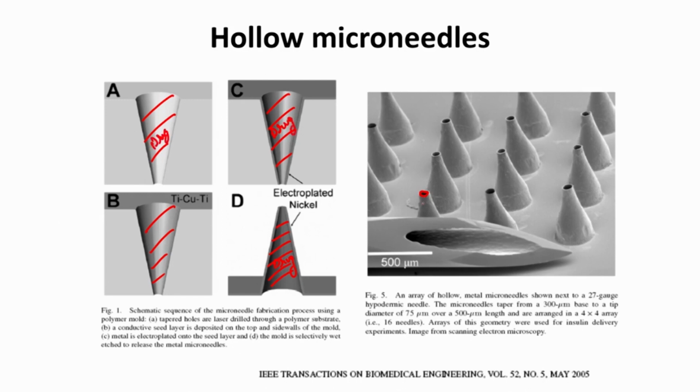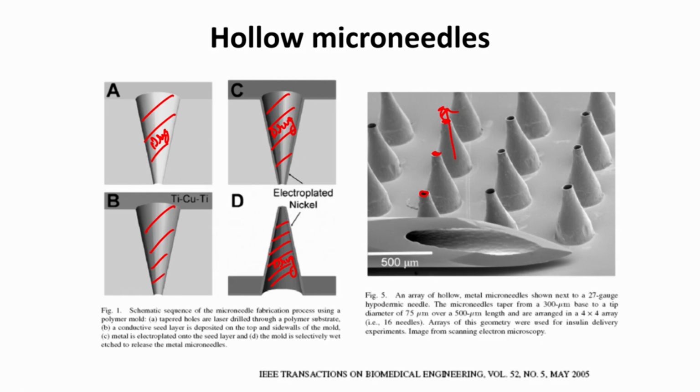And because of these holes, you can even cap these holes with some, let us say, water soluble polymer. So once it comes in contact with the body, this is going to get dissolved away, and then the drug can diffuse out from these holes. So that is the major concept here.